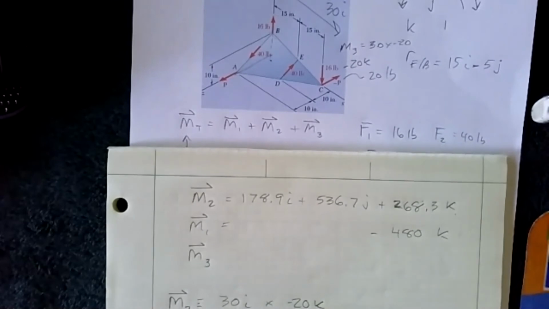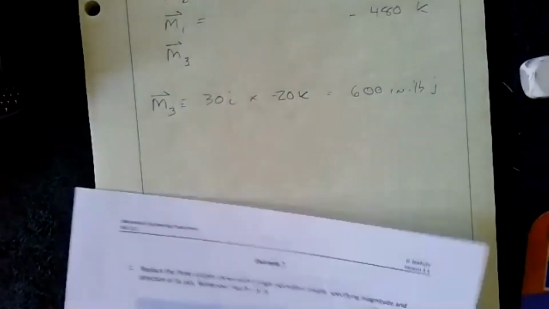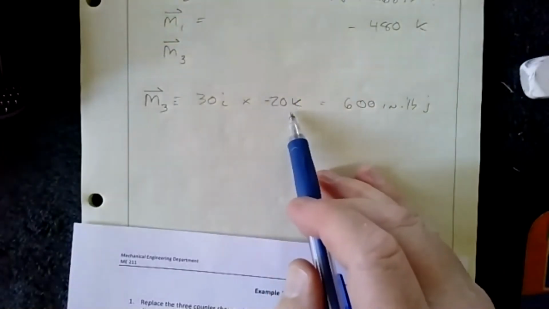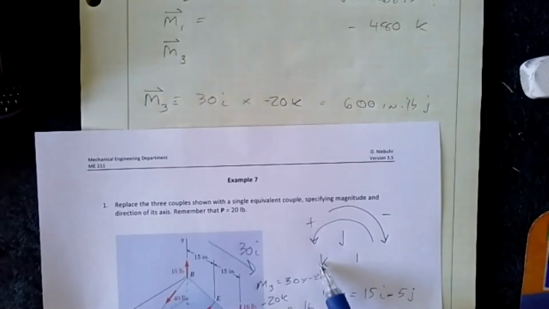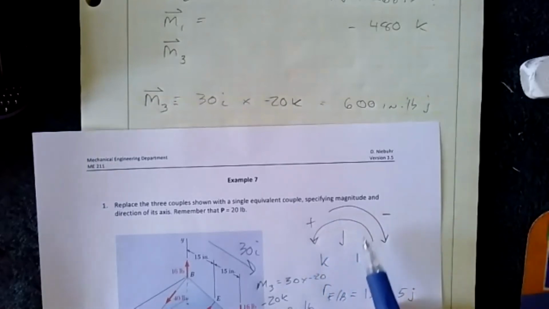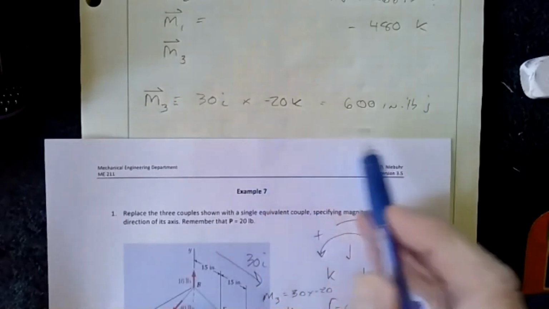So the negative 20K gives us 600 inch-pounds in the J. If we look back, how did we get that? 30I cross negative 20K: I cross K goes clockwise, so that would give us a negative J. The negatives cancel, that's why it's positive.